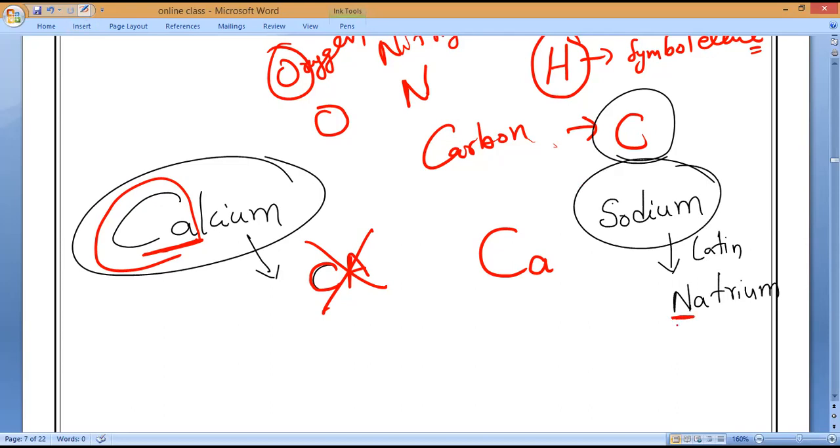So what is the first letter? The first letter must be capital N and the second letter must be small a, Na. So like that, so many things. Why can't we represent it with N alone? If I represent sodium also with N, what will happen? Nitrogen's symbol is N. All right. Now, why can't I represent it with S?